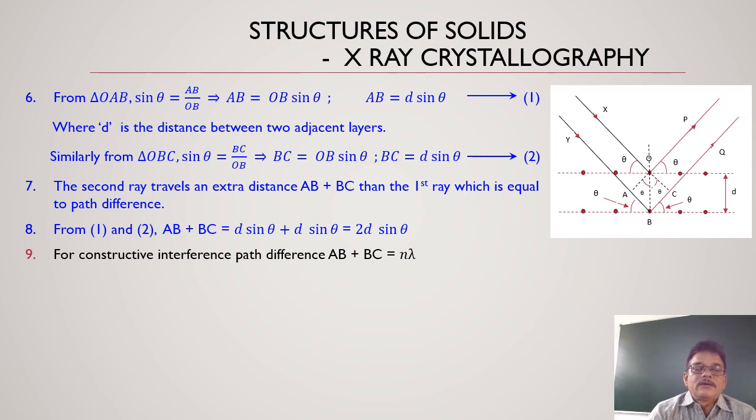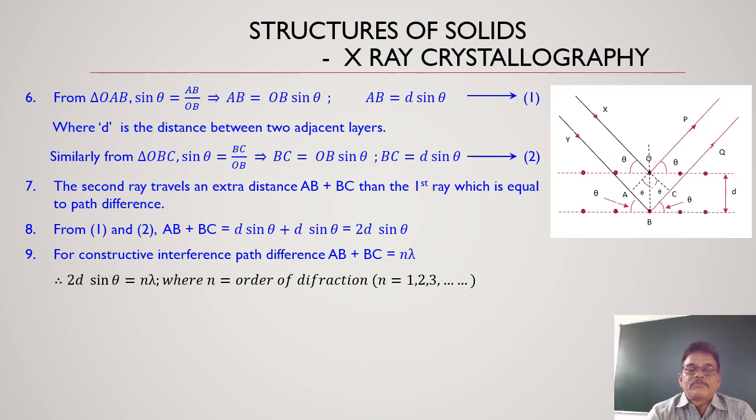For constructive interference, the path difference AB plus BC must be equal to n lambda, as we have already discussed, where n is equal to 1, 2, 3, and so on. So 2d sin theta is equal to n lambda.